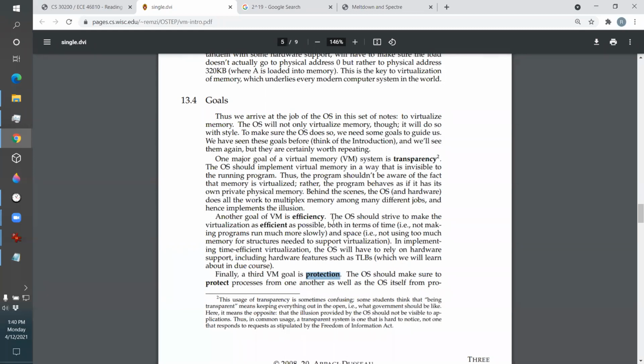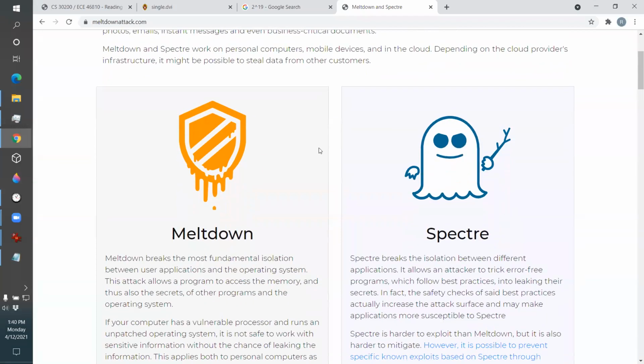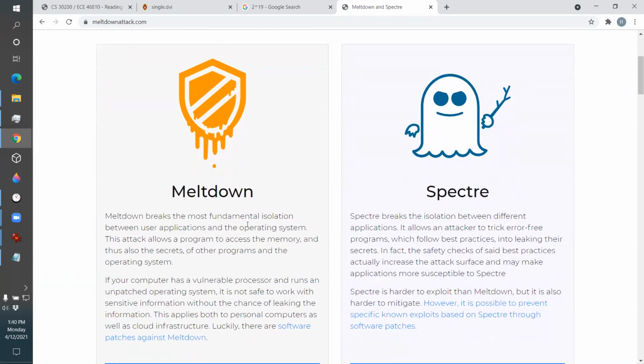It has to do with some weird things involving address speculation, and it boils down to protection being compromised because too many other aspects became so complicated that the protection failed. It's really a mess. It's very, very complicated. These things are very hard to explain. It breaks the fundamental isolation between applications. It breaks the protection.